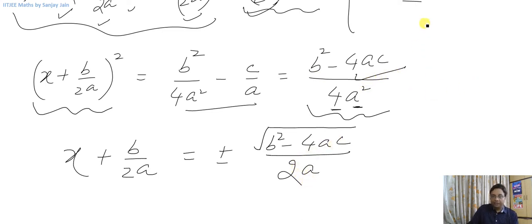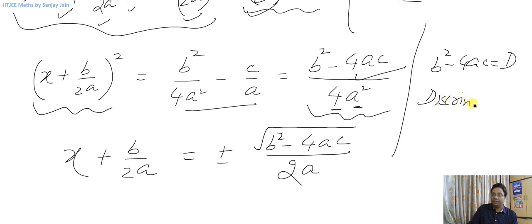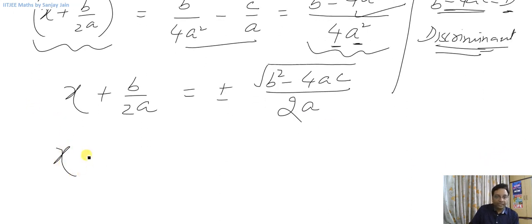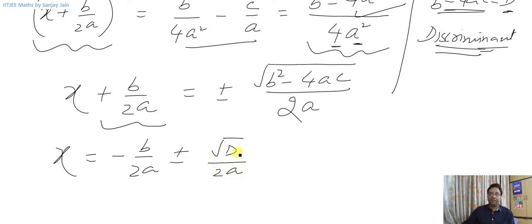I can give a special name to b square minus 4ac, which is D, and it is known as discriminant, right? This is a special name given to b square minus 4ac, which is discriminant or capital D, right? So the next step can be written as x is equal to minus b by 2a. I have taken this on right hand side, plus minus root D upon 2a, okay, where D is discriminant.